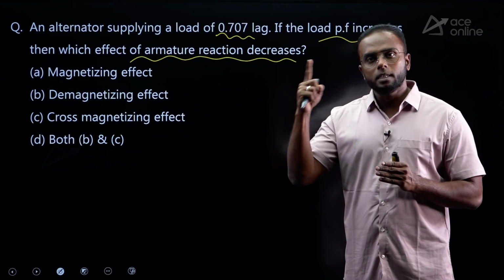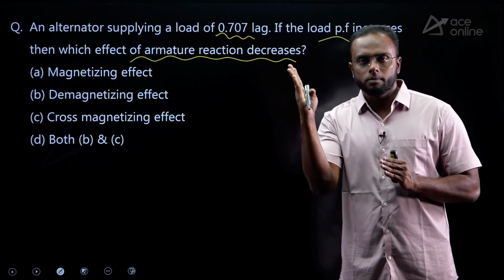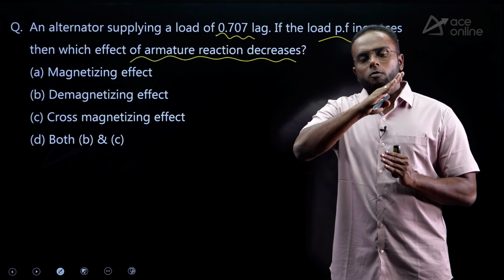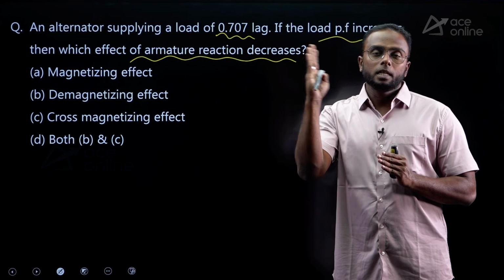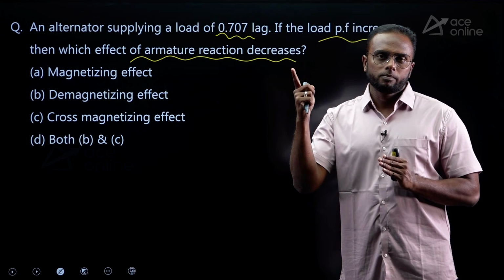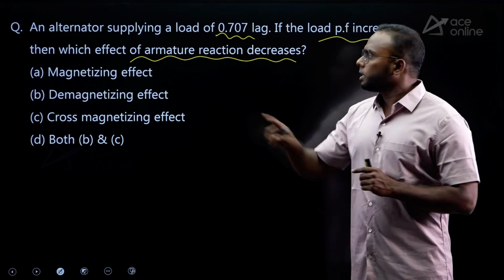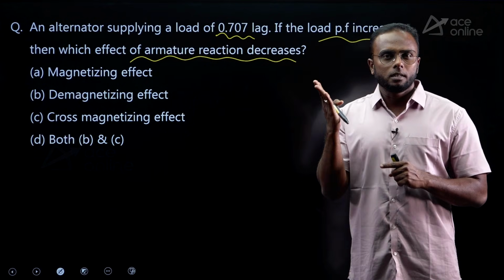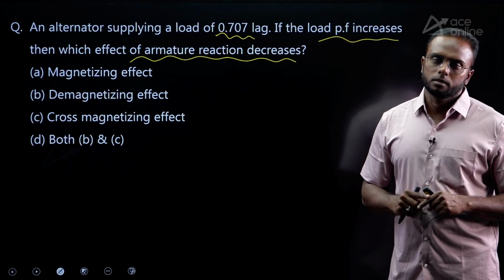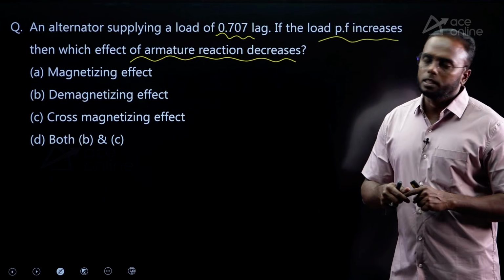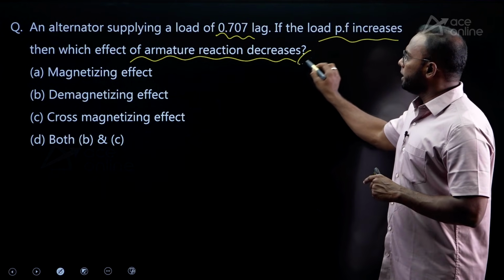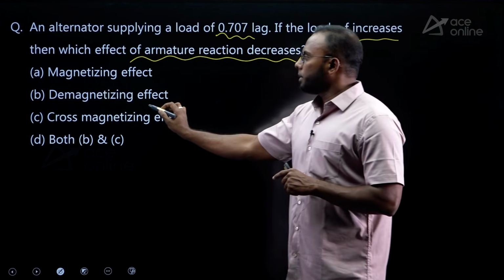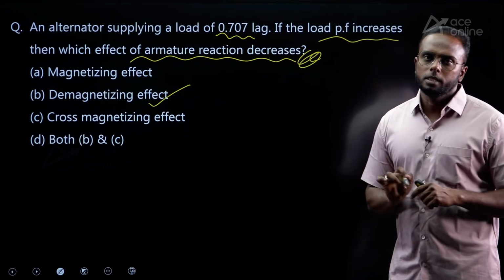Now power factor increase means towards 1. When the power factor increases towards UPF, the cross magnetizing effect increases. Since it is lagging, the demagnetizing effect is there, but when power factor increases, the demagnetizing effect decreases and the cross magnetizing effect increases. It is asking which effect decreases, so the demagnetizing effect decreases. Option B is correct here.